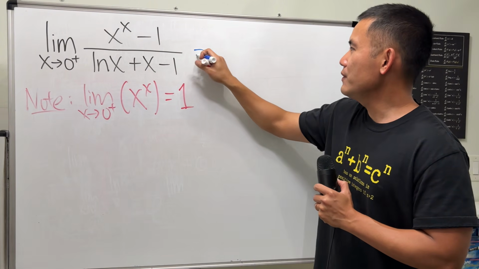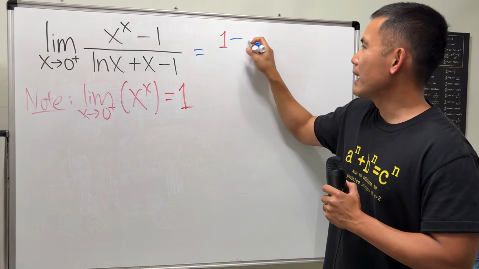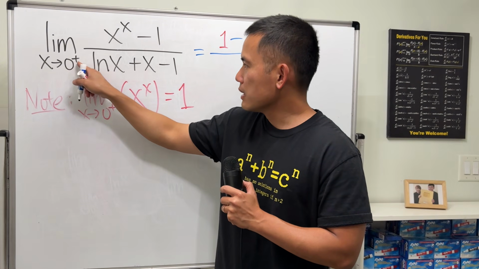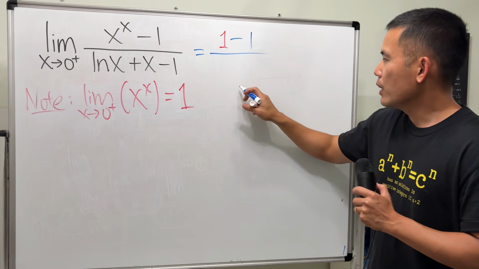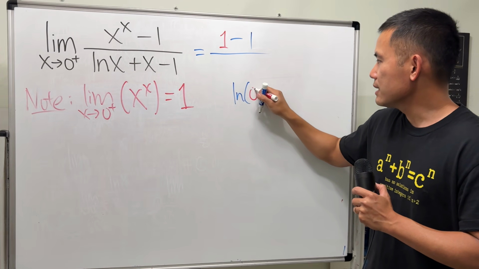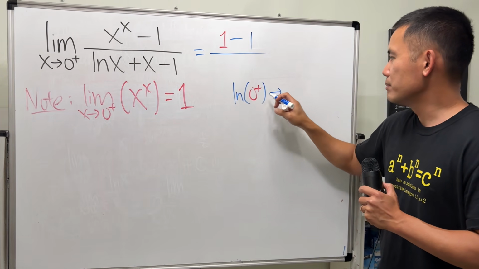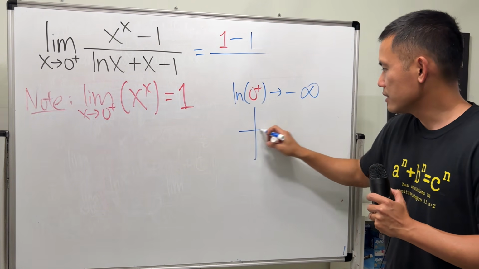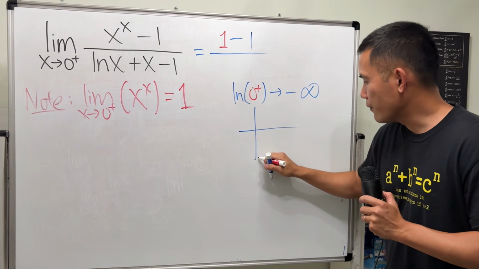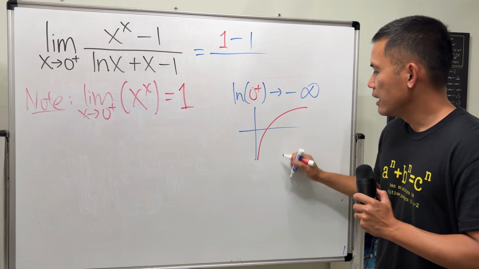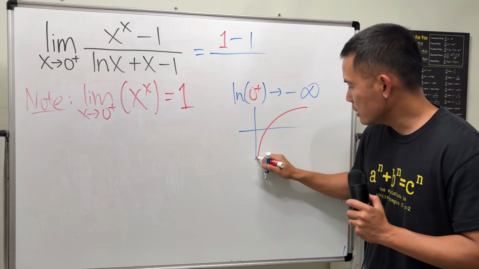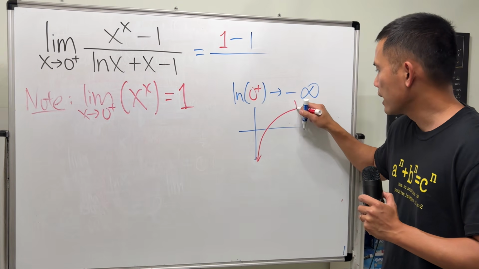So this will give you 1 right here, and then minus this 1 over ln x. If you put 0 plus into ln x, well, ln of 0 plus, I know this is a bad notation, but this right here approaches negative infinity. And the reason is, if you look at the graph for natural log of x, as x approaches 0 from the positive direction, you see the function goes straight down.